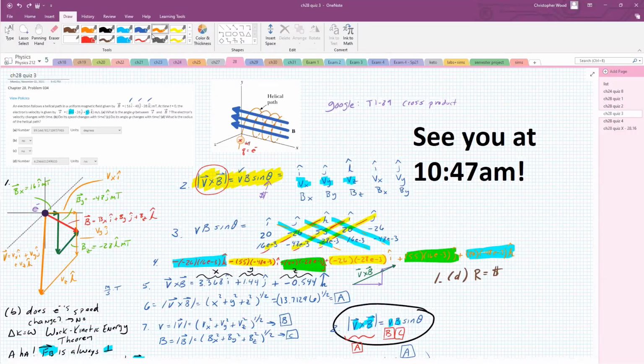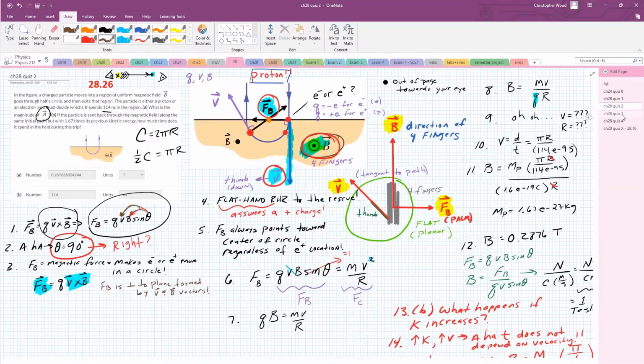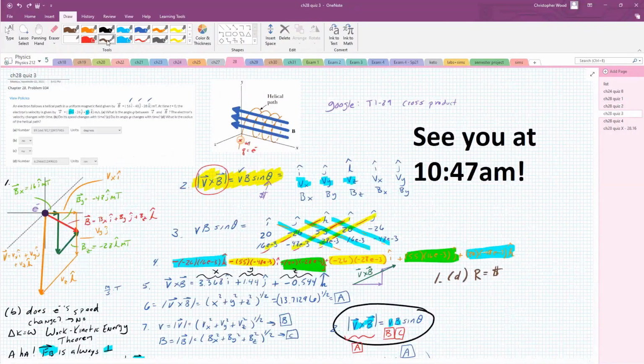Okay, so we actually had an expression for this in this quiz, I think. There it is. Here's the radius of the helical path. I'll fast track this a little bit. So number 2, it's moving in a circle.